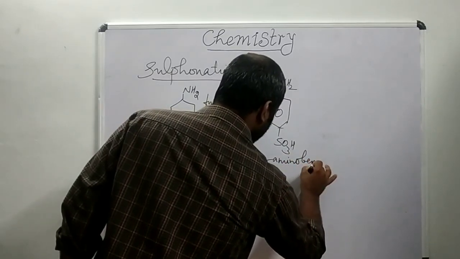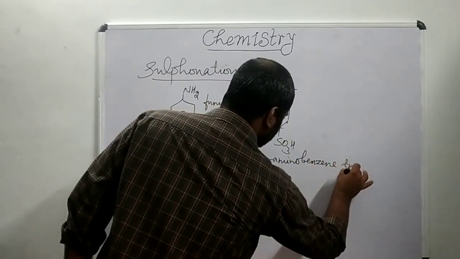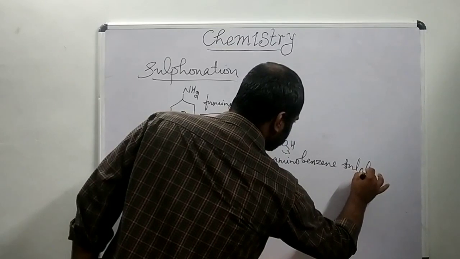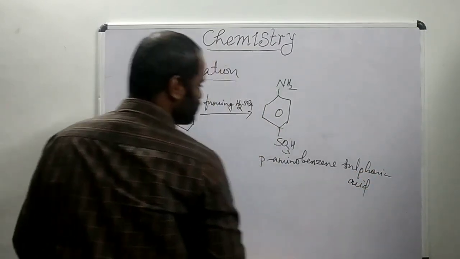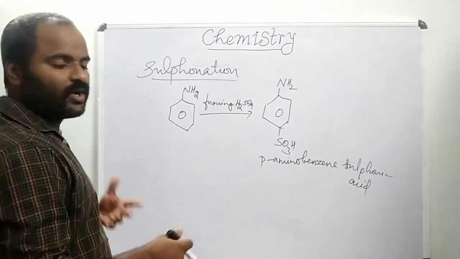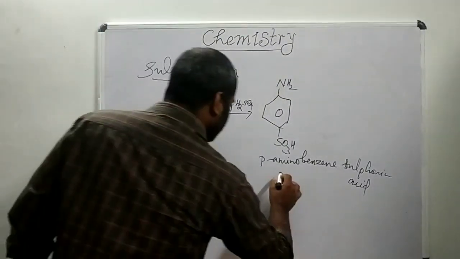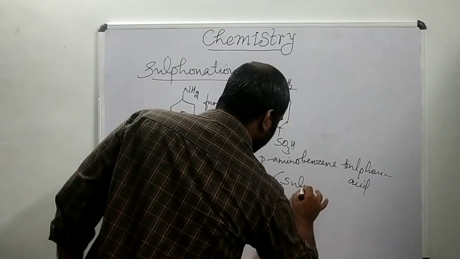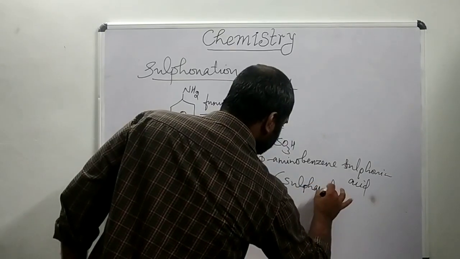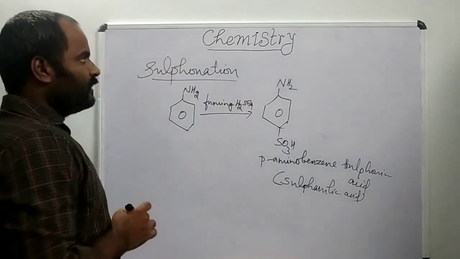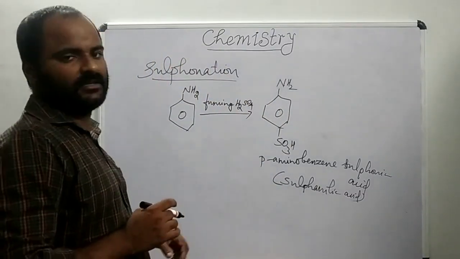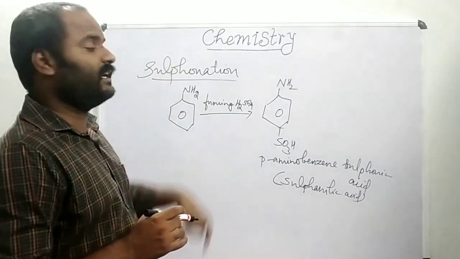Para-amino benzene sulfonic acid is also known as sulfanilic acid. That is the sulfonation reaction of aniline.